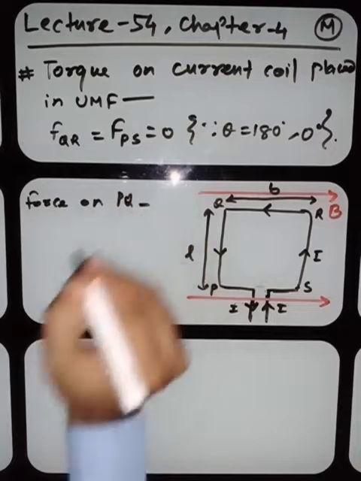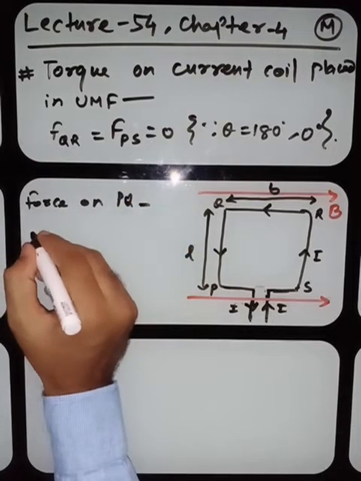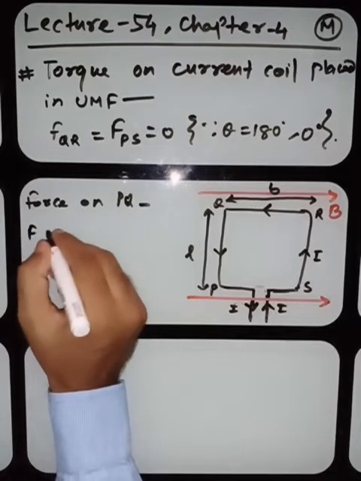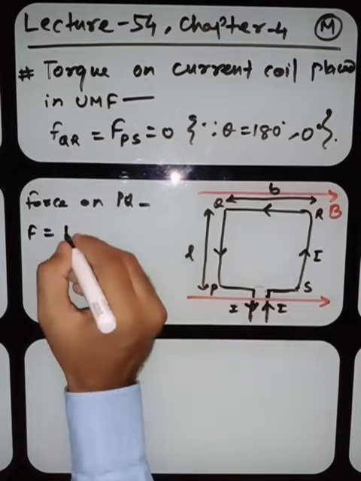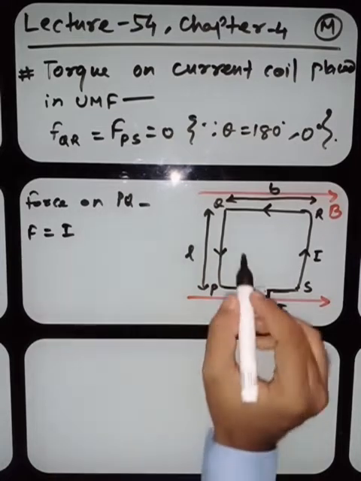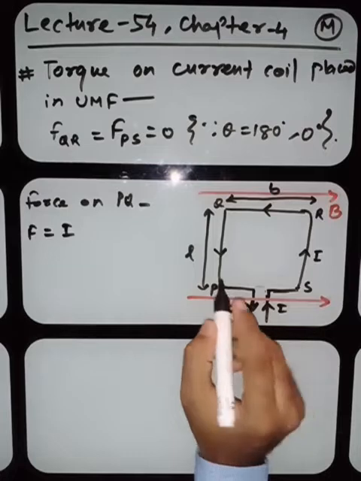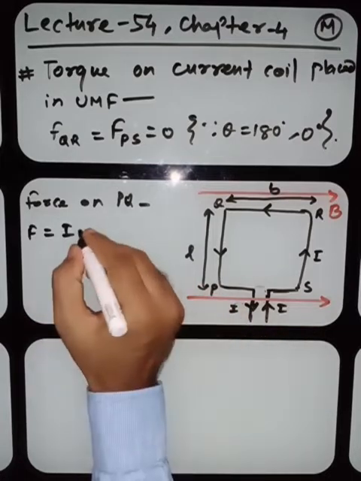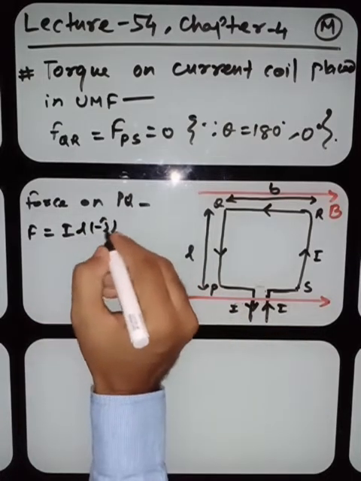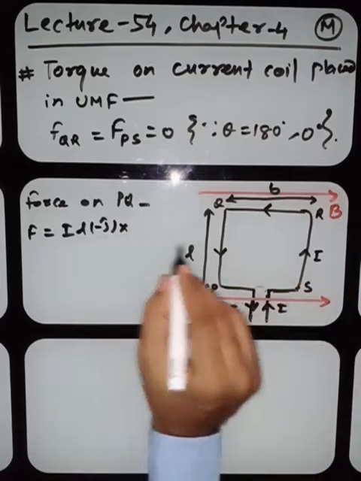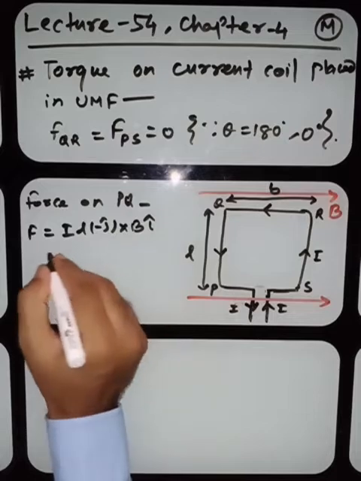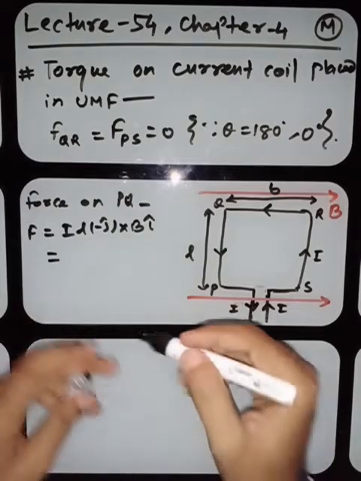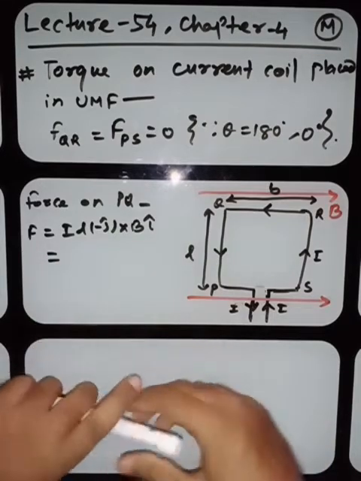All right, we know the formula of force: F = I L sin theta. So F will be I, the direction of current gives the direction of L, and it is L minus j cross B. The magnetic field, for both the arms, is B i. What will be minus j cross i, my dear student?